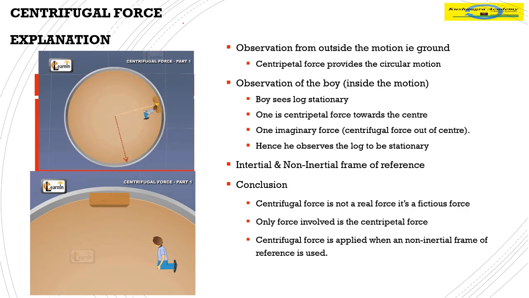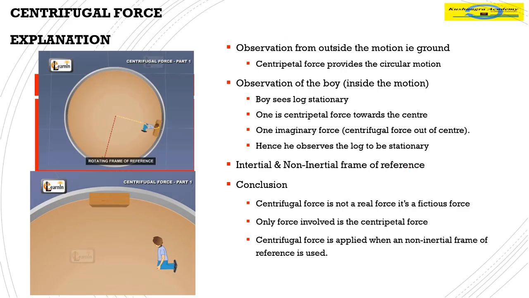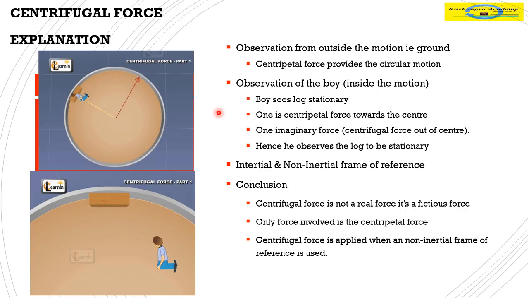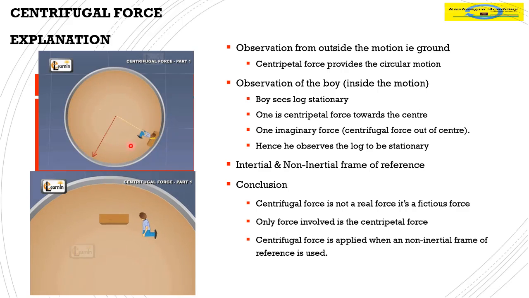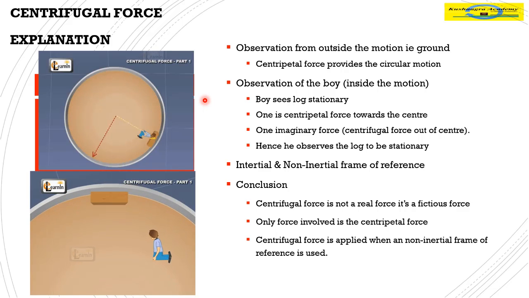Now coming to centrifugal force. If we see this object, it is similar to what we have seen in the train. Now this boy is rotating here, and if we are observing from outside, this boy is moving in a circular motion due to a centripetal force in the inward direction.